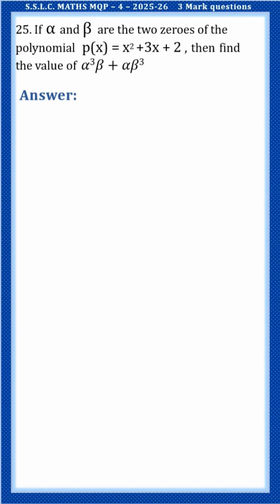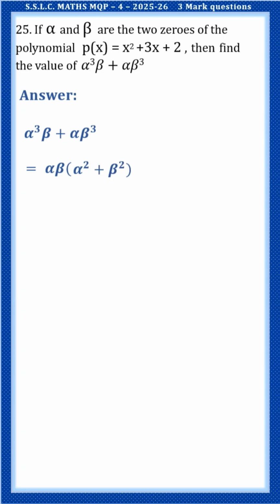Now let us find the value of alpha cube beta plus alpha beta cube. Observe here, alpha into beta is common inside the bracket. What we have now? Alpha square plus beta square.